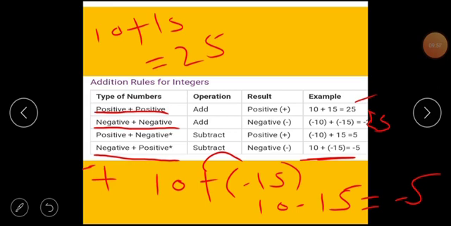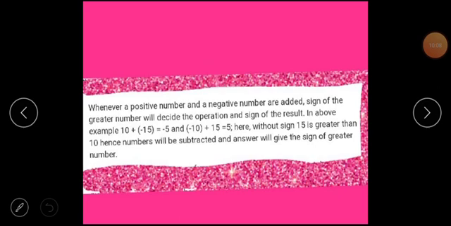So student, these are the rules for addition of integers. I hope all points are clear to you. You can say that whenever a positive number and a negative number are added, the sign of the greater number will decide the operation and the sign of the result.